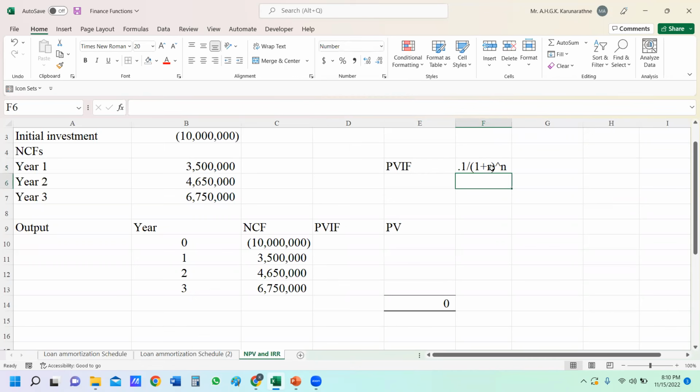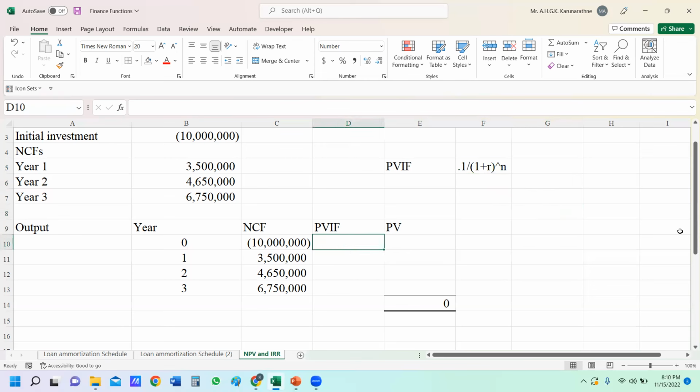I think we already prepared the present value interest factor table using our absolute and relative cell reference techniques. We will again discuss how to prepare this finance table in different discussions as well, and probably next week we will discuss how to prepare a finance table in a very smart way. Anyway, this is the formula.